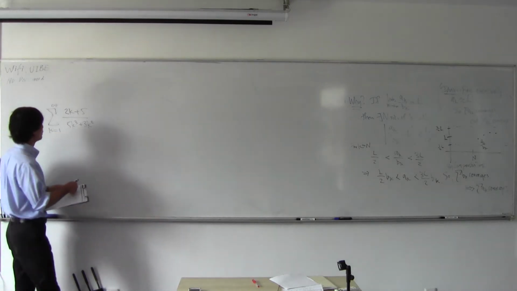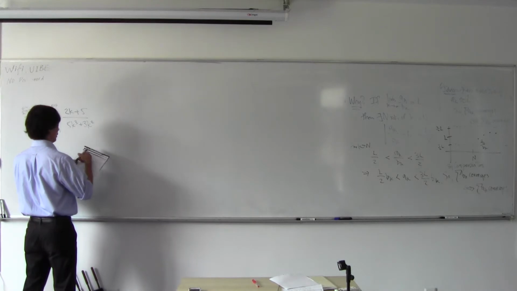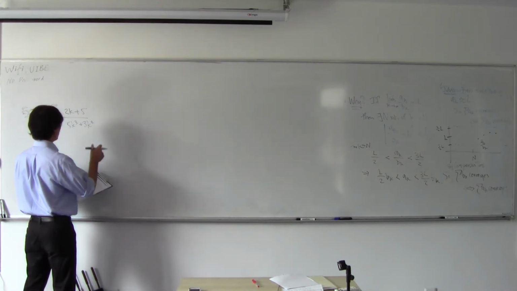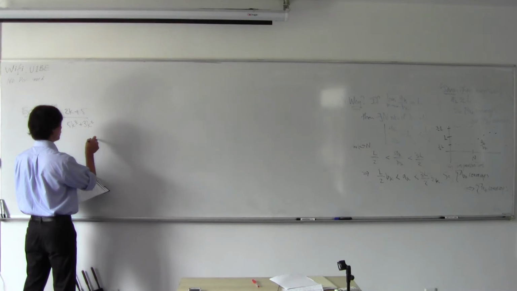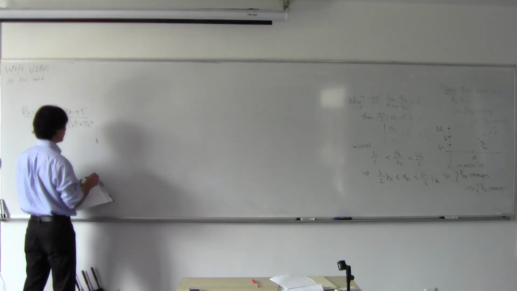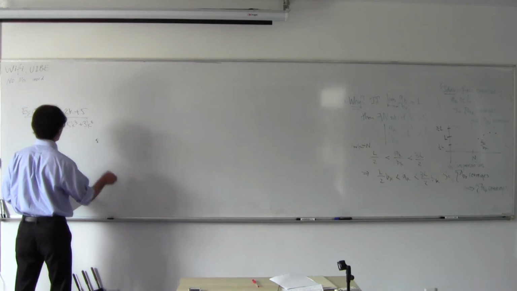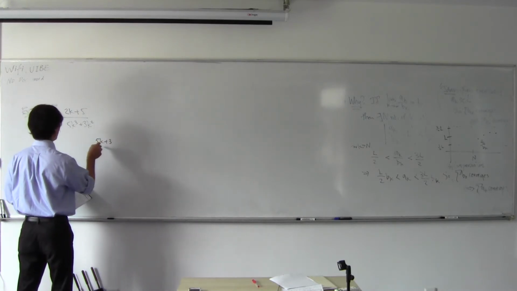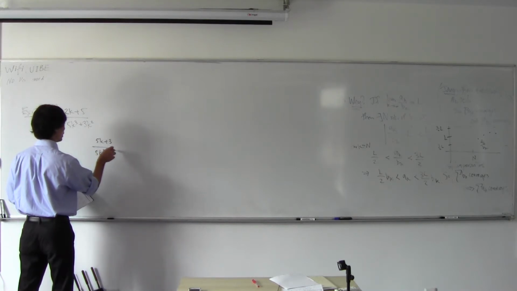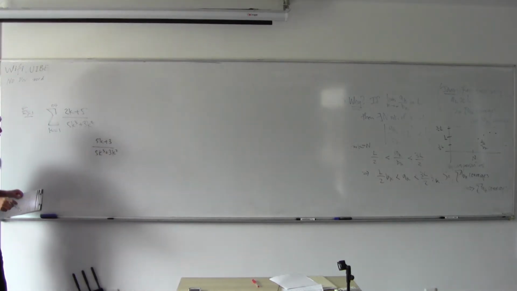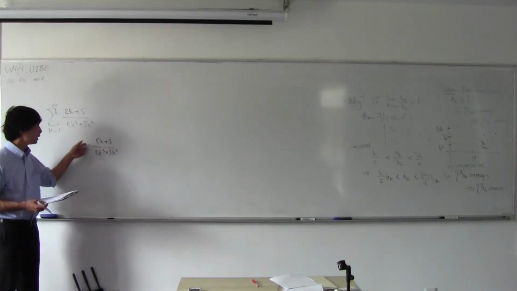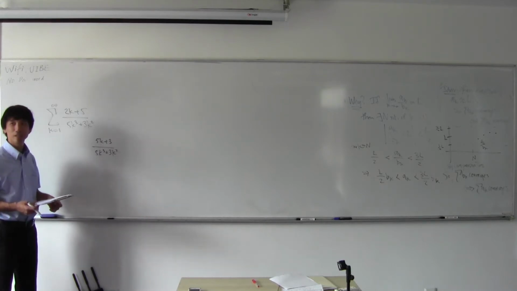Five k plus 3 over 5k cubed plus 3k squared. Is that what you compared against? Why do you? Oh, I see, because it's 1 over k squared.